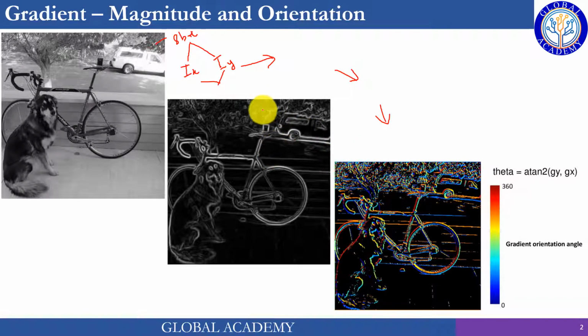It's up to the programmer how we convert this to displayable images. The simplest way is to convert this floating point image to an 8-bit image.